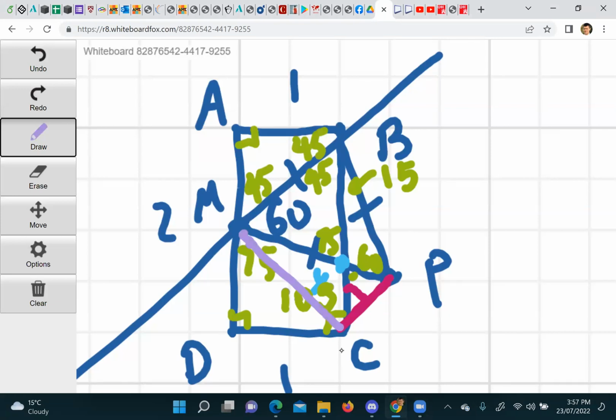Which is equal to MP. So that means you can find out this angle here, right?